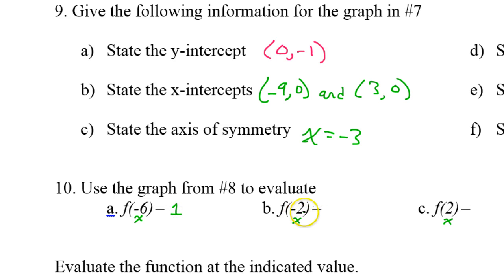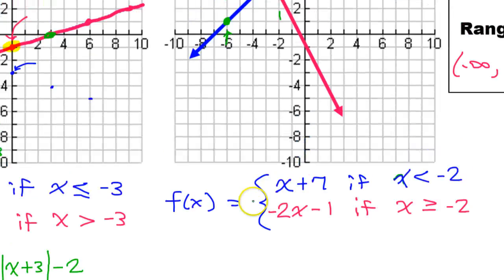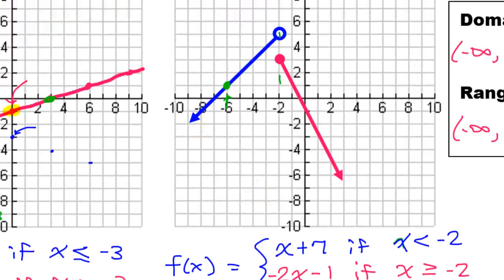Now, what about an x value of -2? All right, here's an x value of -2. Now, when I look up, I see 2 different spots. One is at 3 and one is at 5.